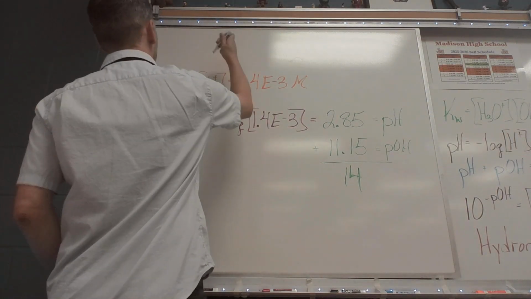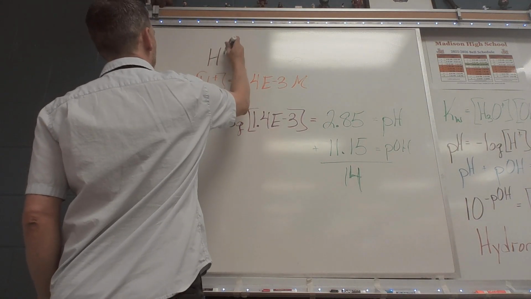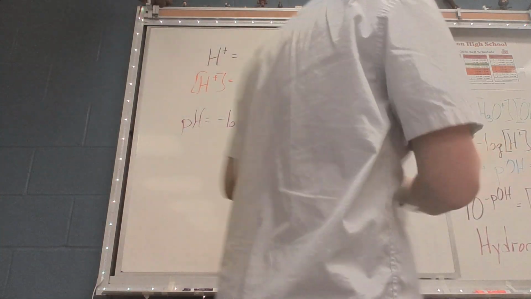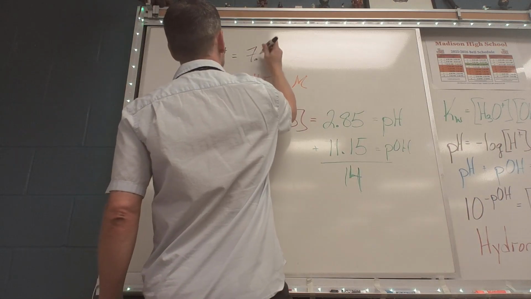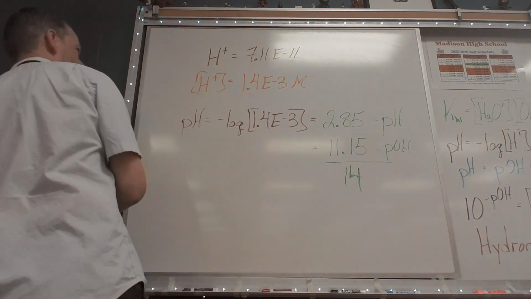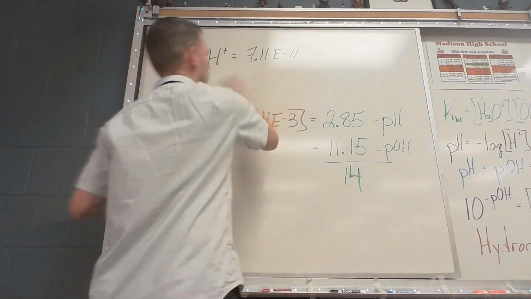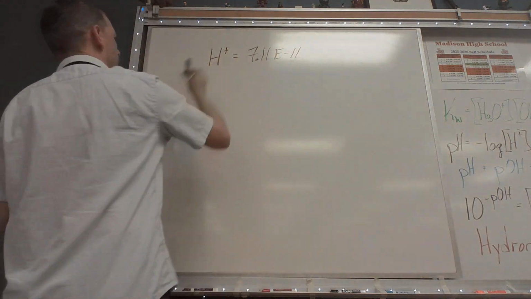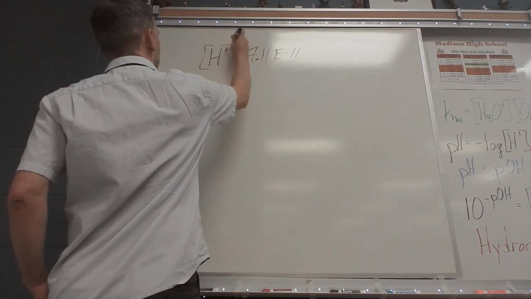In the next one, it again gives an H plus concentration of 7.11 E negative 11. All right.